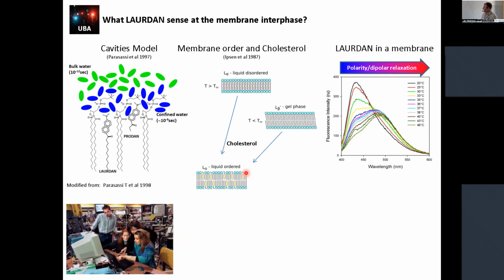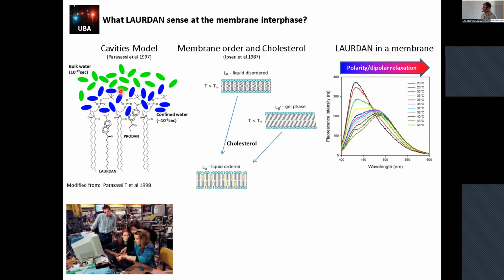So in the case of Laurdan, the interesting thing is that Laurdan is embedded in membranes by the lauryl group that gives you a strong attraction by polarity, by the hydrophobicity. And we know since Tiziana Parasassi that basically it's able to capture a few molecules in the interface, which has restricted mobility, so it's confined water.